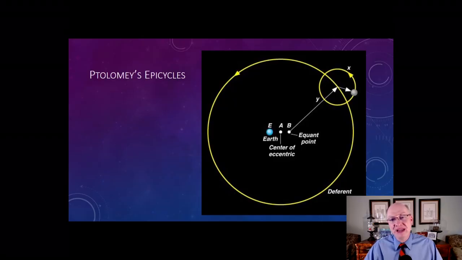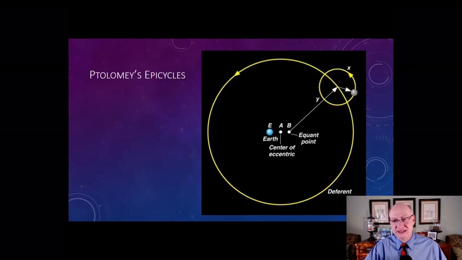This epicycle is carried around in a circle around the deferent, but the planet is orbiting on the epicycle. And when the planet is on the inside of the epicycle here, it looks to people on Earth like the planet is moving backwards. Because even though this whole circle is moving forward, when the planet is on the inside of the circle, it can look like it's going backwards.